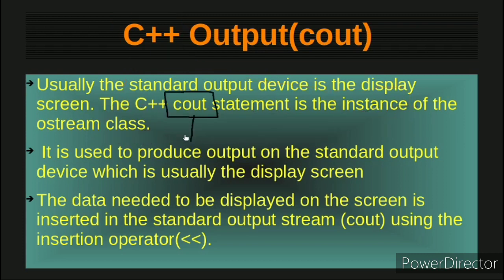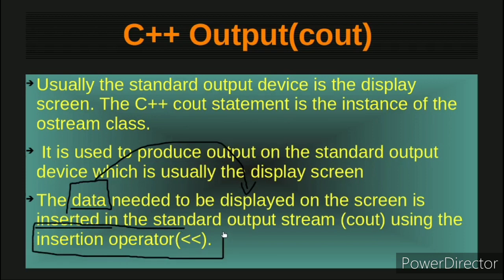Having said that, the cout statement is used to produce output, and by output we mean it is used to display information onto our display screen, and the data that needs to be displayed is inserted after the insertion operator, and this insertion operator in turn is placed after the cout keyword. Now that we know what a cout statement is, let us try and use it in our program.